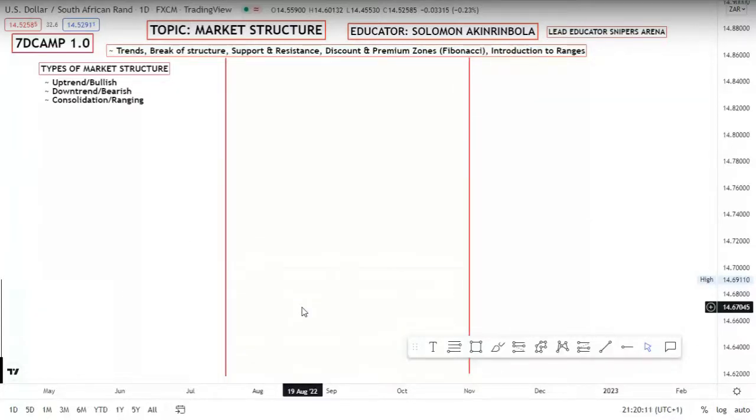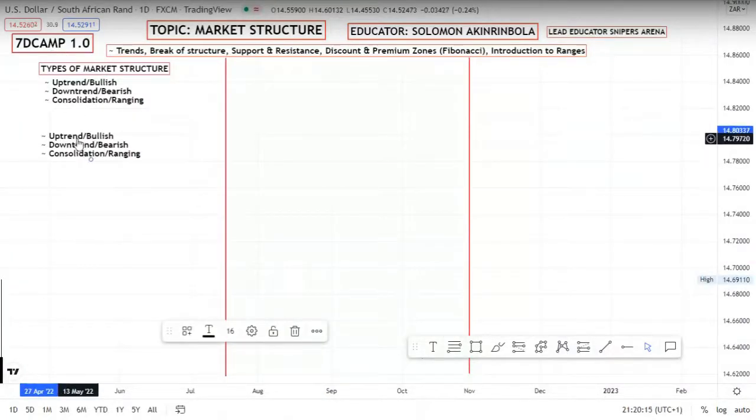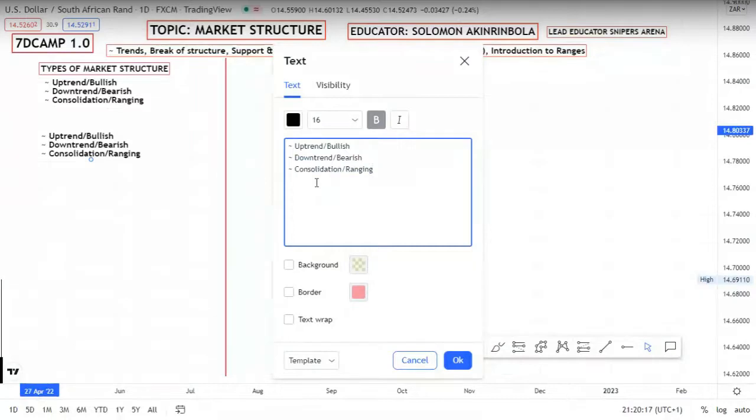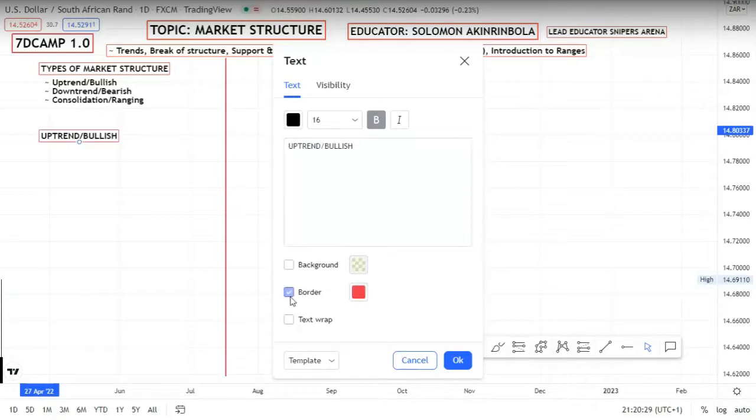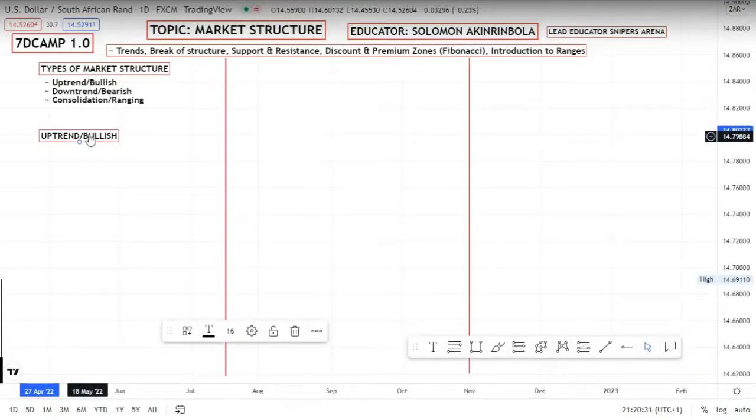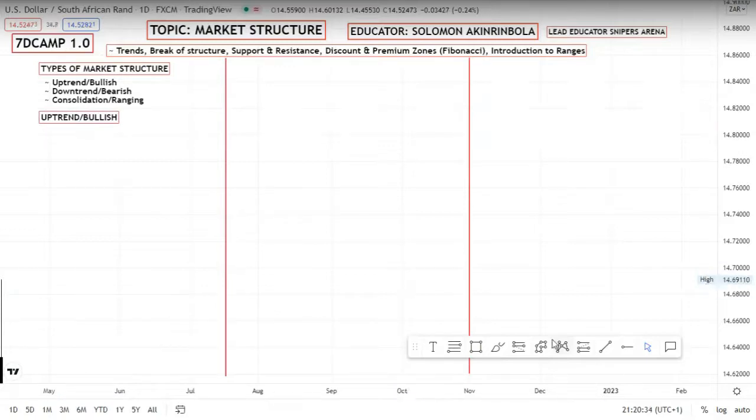So now, we just pick it one by one, guys. I'm just going to go over it quickly. So we have the uptrend or the bullish. Let's quickly go over them, do some charts, and just have some fun.